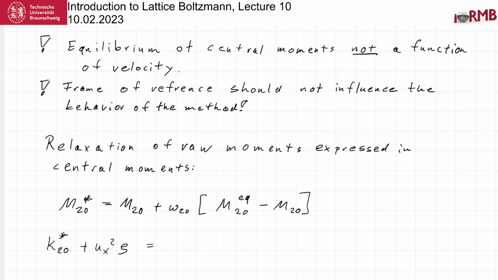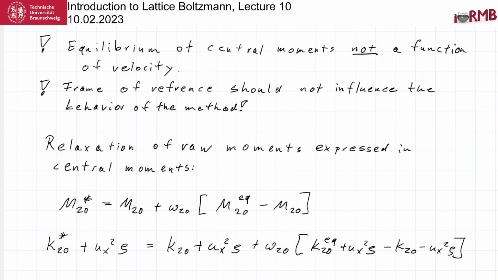On the other hand side, we have the pre-collision state, K20 pre-collision plus again ux square rho, plus omega 20 times the equilibrium, K20 equilibrium plus ux square rho, minus the pre-collision state K20 minus ux square rho. So we replaced all the raw moments by their central moments, and the difference is always that there is this velocity square subtracted, or added now.